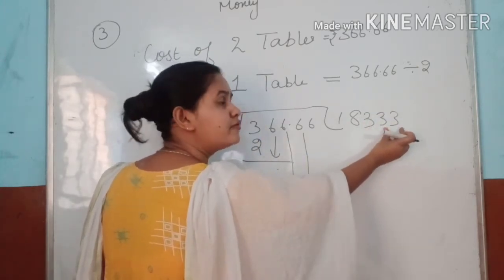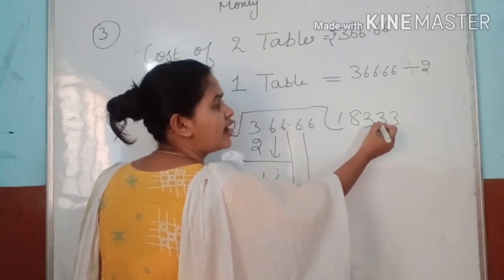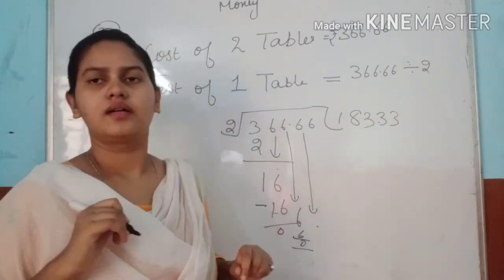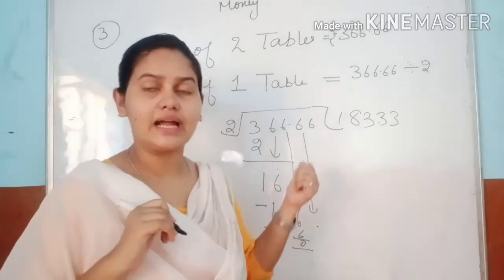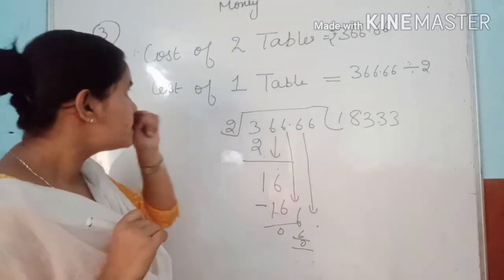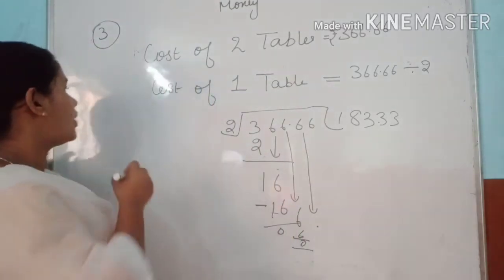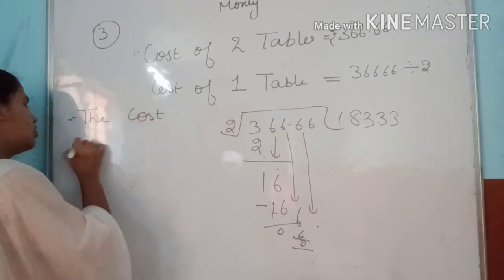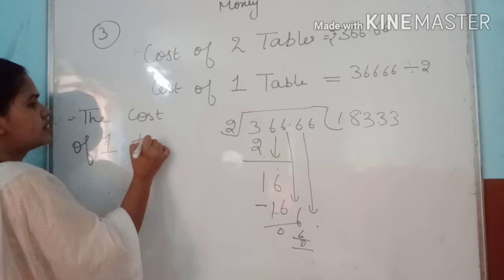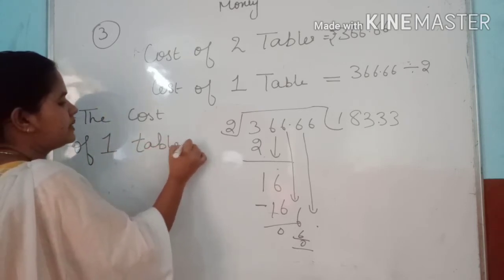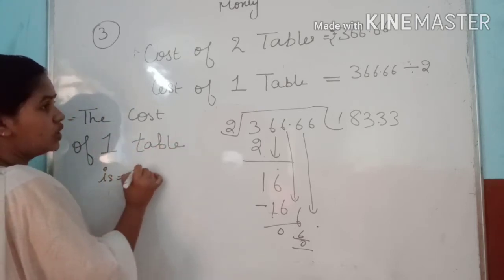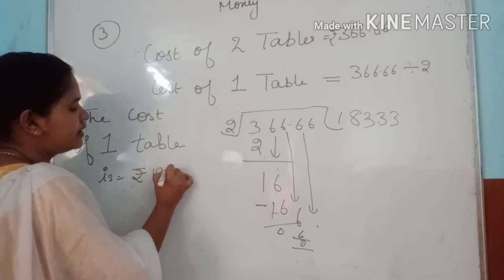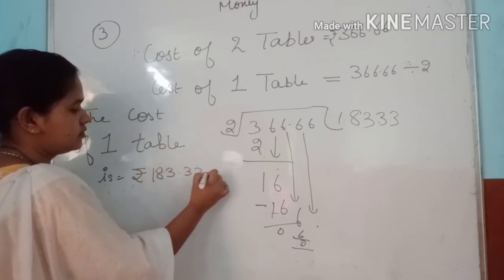Now before the two digits, we have to take a point, right? That will show our paisa. So the cost of 1 table is rupees 183.33 paise.